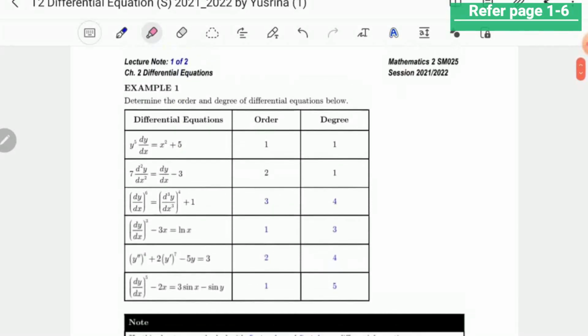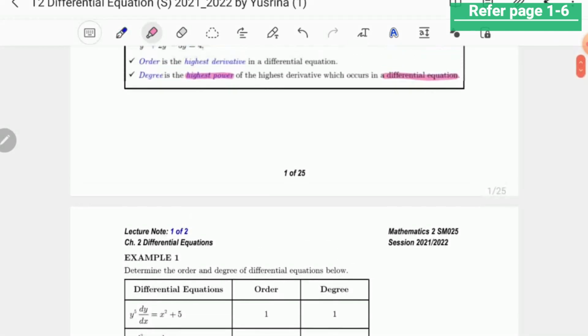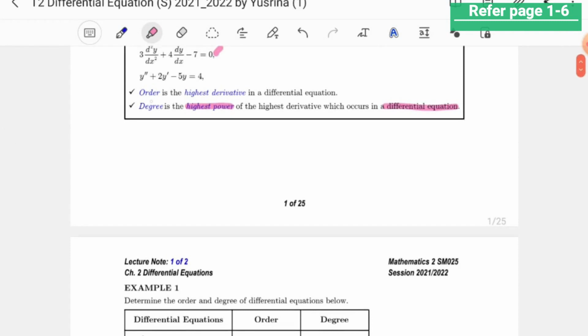Okay, so first example, determine the order and degree of the differential equations below. The differential equation y to the power of 5 dy/dx equals x squared plus y. Okay, so the highest derivative, we go to the definition. The order is the highest derivative and the degree is the highest power.